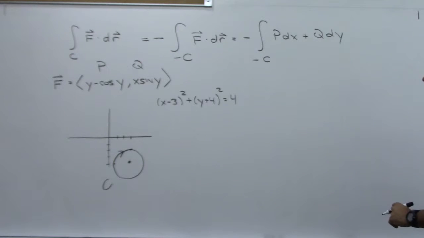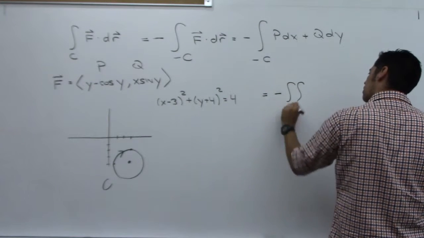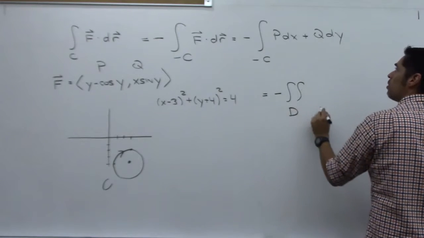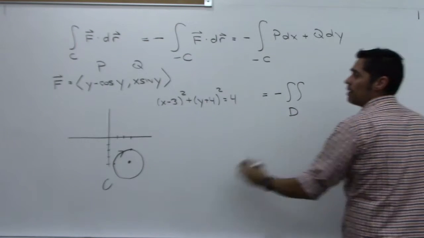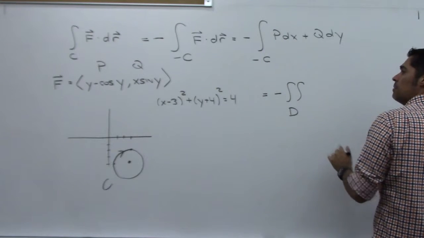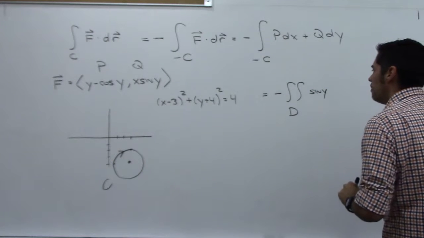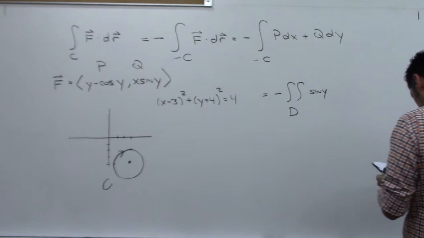Now, let's go ahead and convert this using Green's theorem. This is equal to negative the double integral over D of the partial of Q with respect to x. The partial of this with respect to x is going to be sine y.